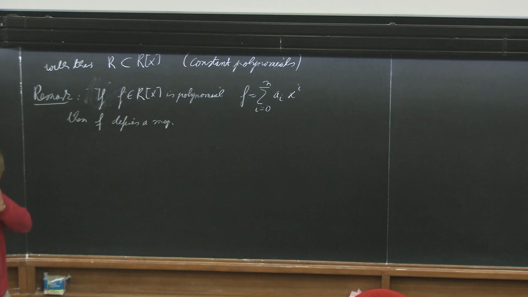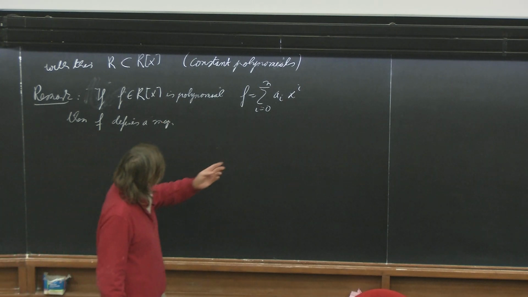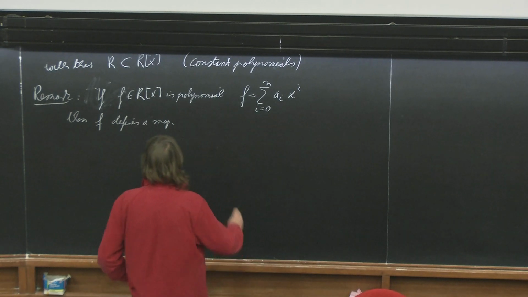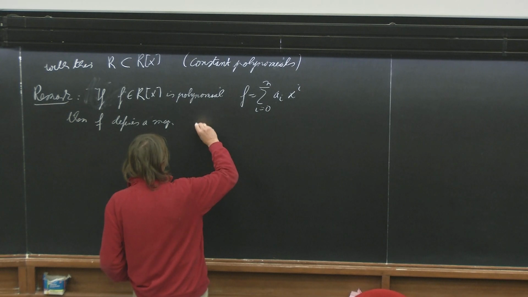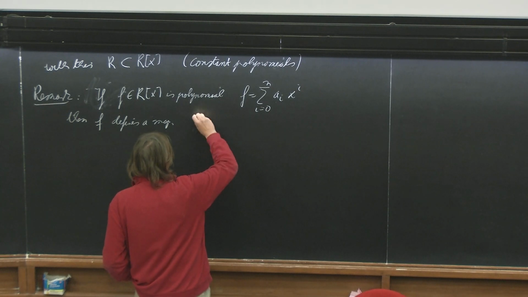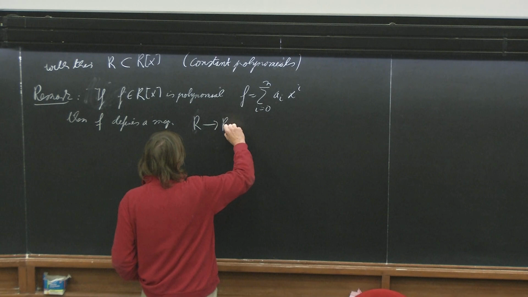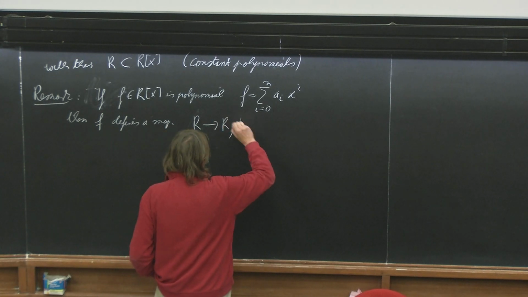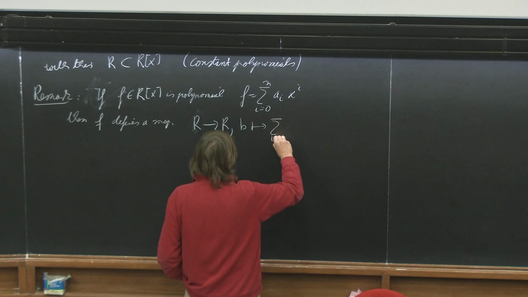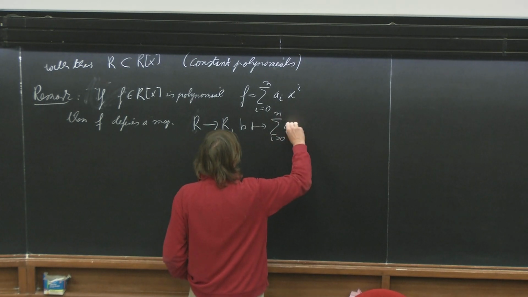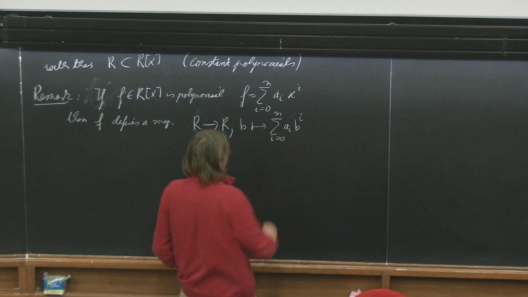by replacing the variable x by an element of R, from R to R: any element b is sent to the sum i equals 0 to n of ai b to the i.